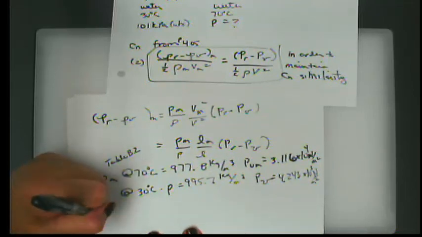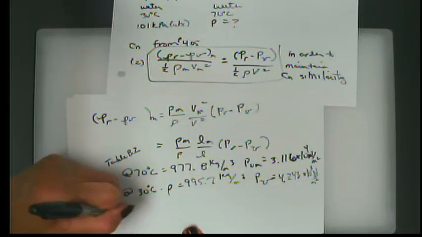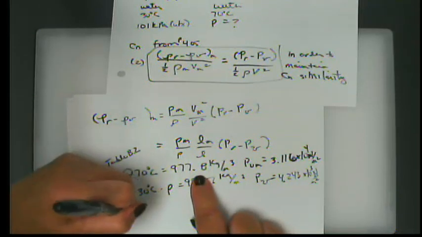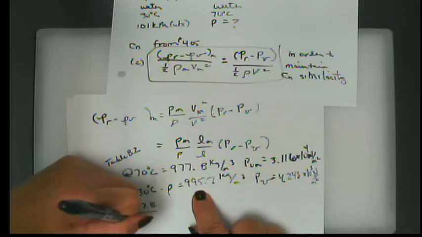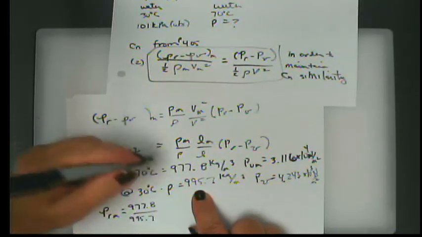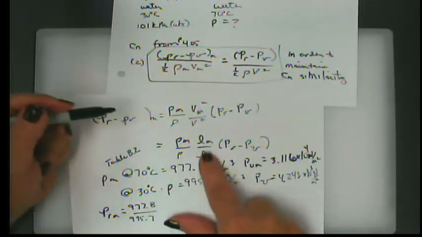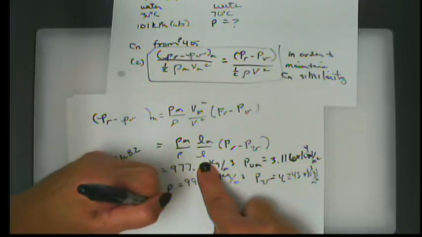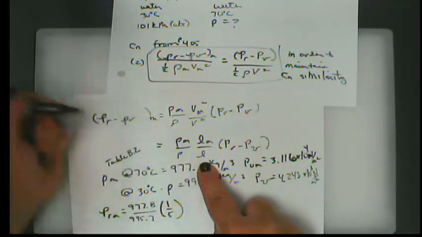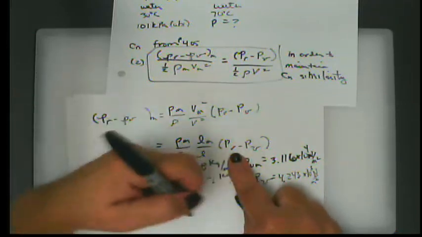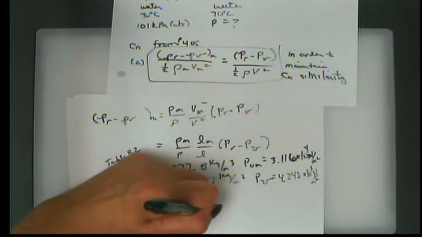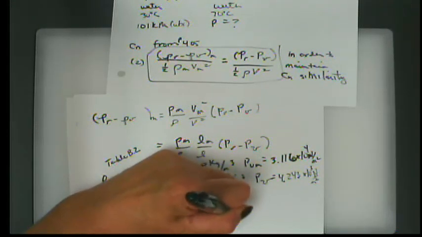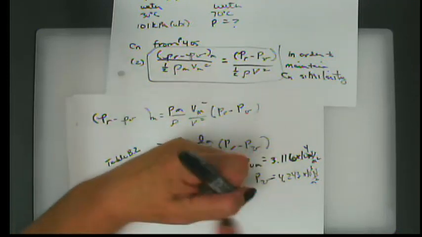So we can solve then for Pr of the model. It's going to be the ratio of those densities, and those units are the same, so we don't have to write them out again, times, we're told that the length is a 1 to 5 model, so 1 over 5, and then the difference of our pressures, in Newtons per meter squared. This is dimensionless, this is dimensionless.